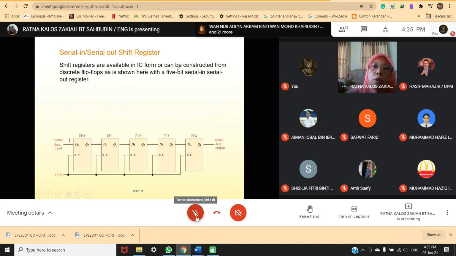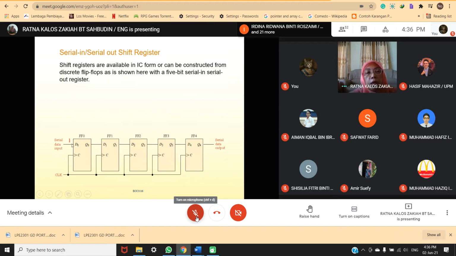This is 5 bit, meaning you have 5 flip-flops: 1, 2, 3, 4, 5. It starts from FF0, FF1, FF2, FF3 and FF4. 5 bits, 5 flip-flops. So this is serial in.